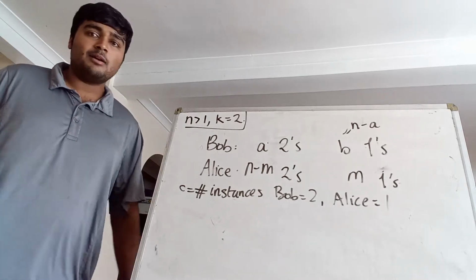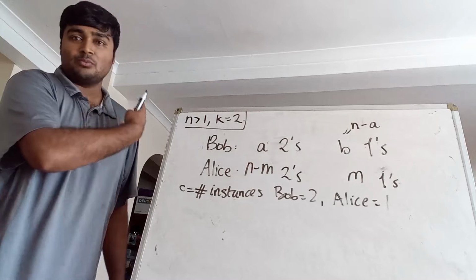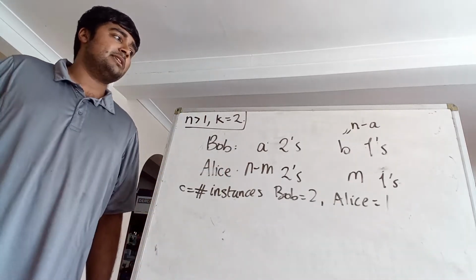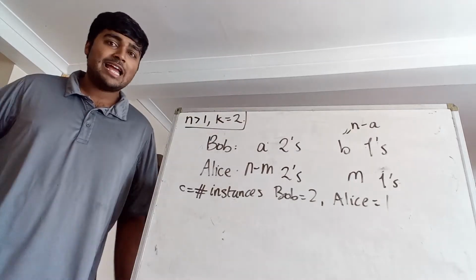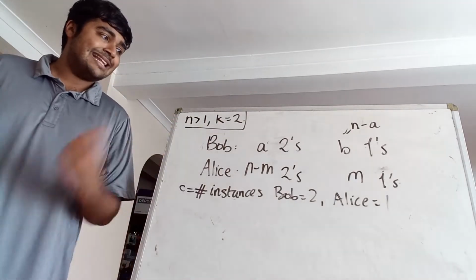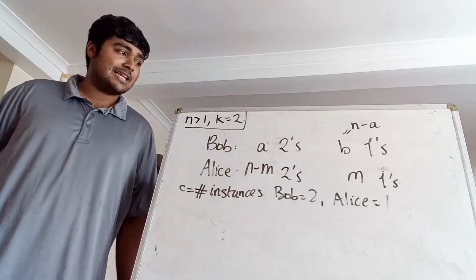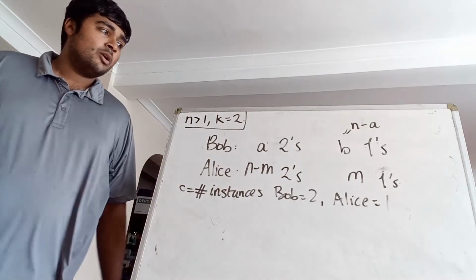Let's suppose Bob makes a query containing 1s and 2s, n digits long, with a 2s and b 1s, so of course b is n minus a. Let's suppose Alice's secret code, which Bob doesn't know, contains n minus m 2s, and therefore m 1s.